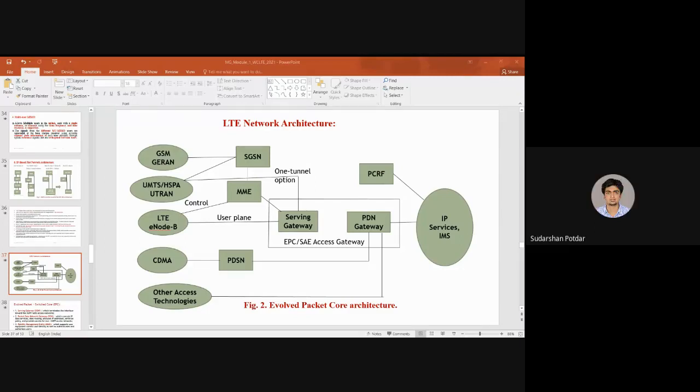IP services and IMS. Okay, IP services and IMS. Swas, LTE node B, sir. Okay, LTE node B. Yes, Vandana. UMTS, HSPA, UTRAN. Okay, fine.